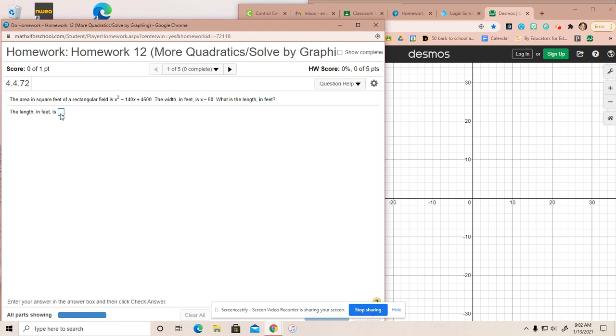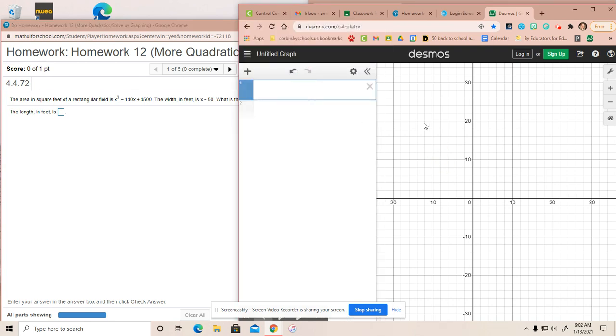Okay, so number 1, the area in square feet of a rectangular field is x squared minus 140x plus 4500. The width in feet is x minus 50. What's the length? So we're going to go over here to our Desmos calculator and type in that expression, x squared minus 140x plus 4,500.